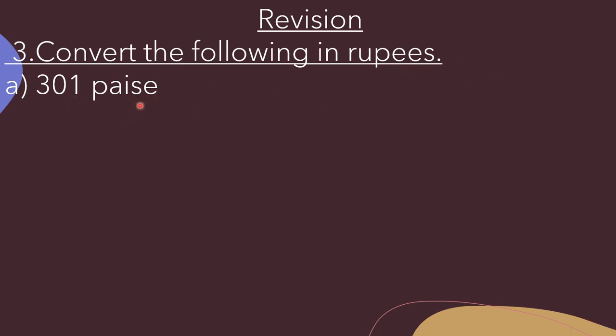Okay, and when we divide 301 by 100, what we will get, that is 3.01. Whenever we divide a number by 100 beta, we will put a dot before the last 2 digits, from our right hand side. So what is the answer? That is rupees 3.01. Understood?